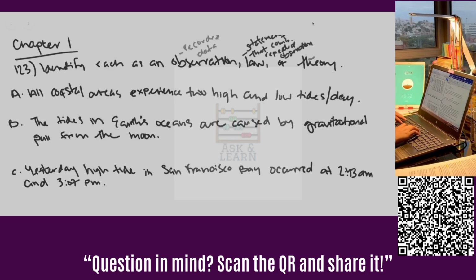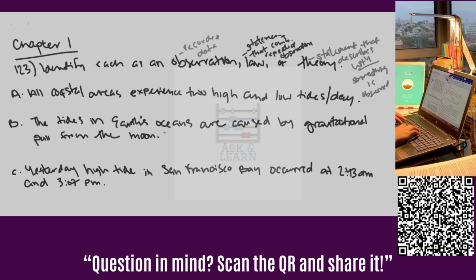And finally, a theory is a statement that tries to explain why something is repeatedly observed. So using these definitions, then, we can look through each of these statements and try to figure out what each of these is.